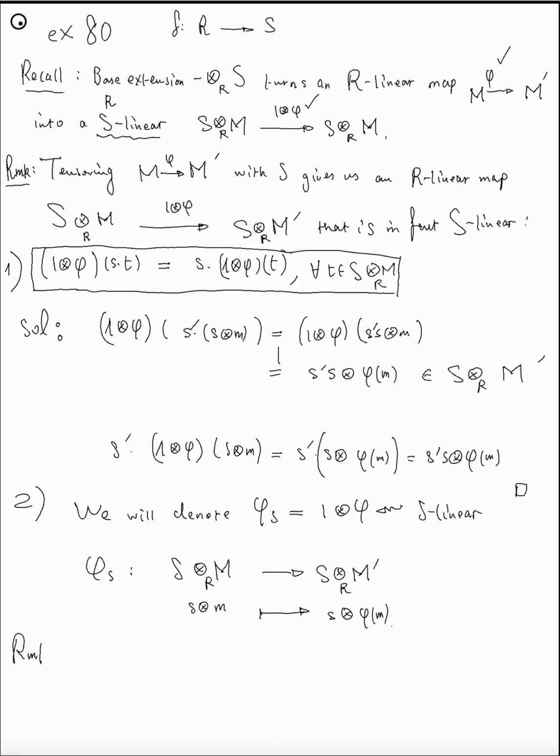Remark, notice the identity. Let's see. Identity tensor identity of M is the identity over the whole ring.